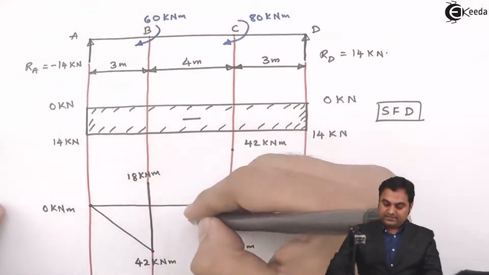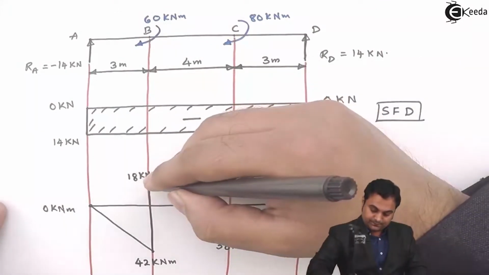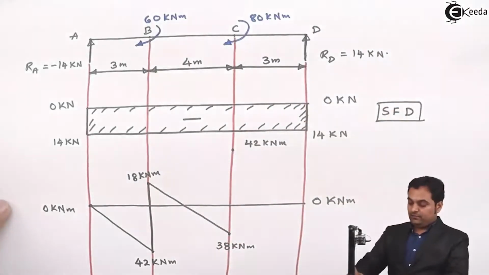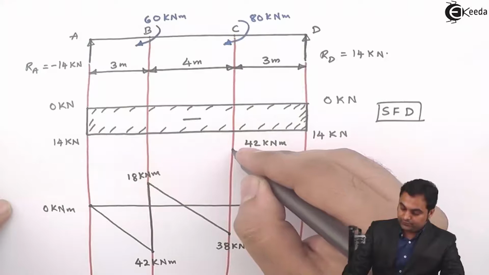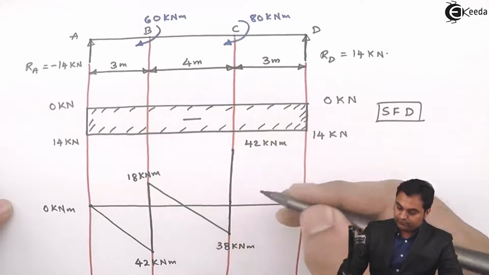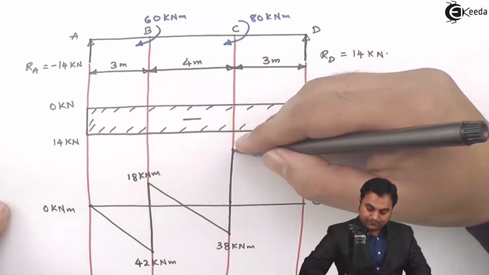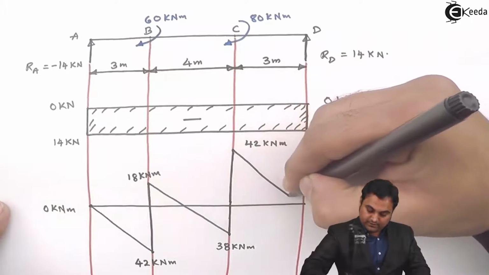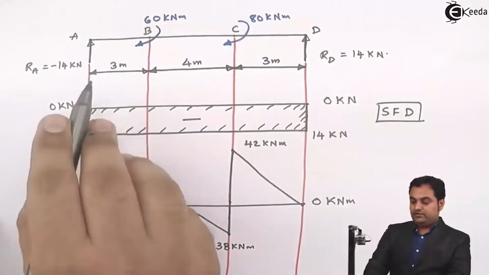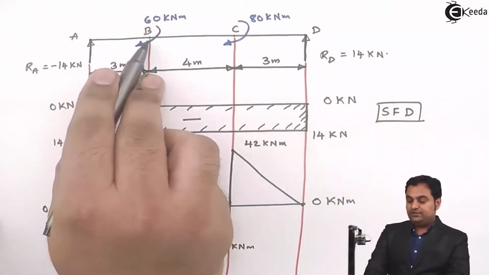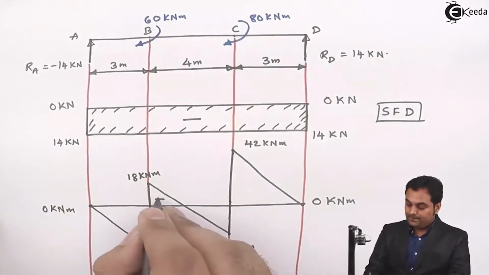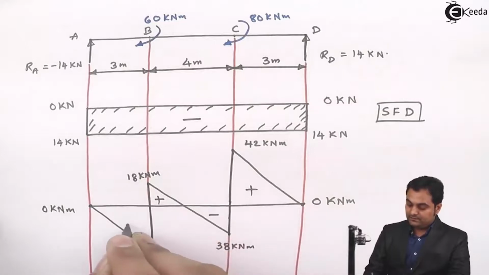After that, from plus 18 it goes to minus 38, and from minus 38 it goes up to 42 kilonewton meter. And finally from 42, at D the value is 0. So again there will be an inclined line joining, because there is no load between C to D. So here we see that whenever there is no load between two points, that is A to B, B to C, C to D, the bending moment will be an inclined line. Plus, these are minus values.